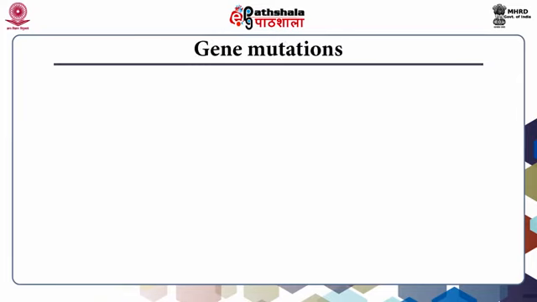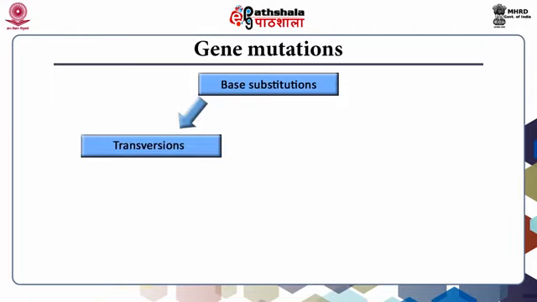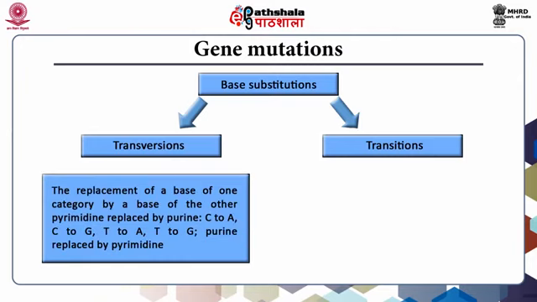Among the gene mutations, two types of situations are encountered. One is base substitution. Base substitutions can again be of two types, the transversions and the transitions. The transversions are the replacement of a base of one category by a base of the other category.